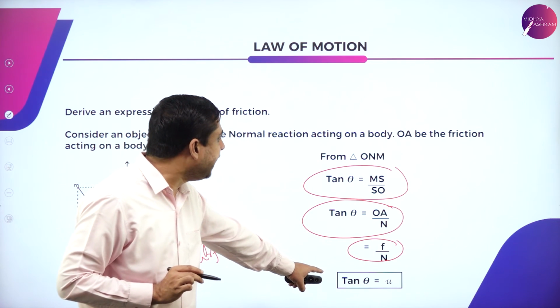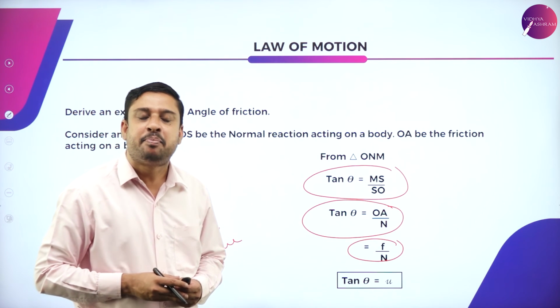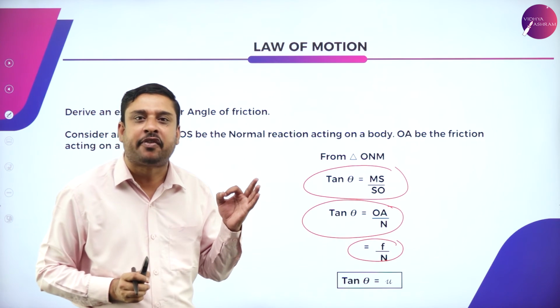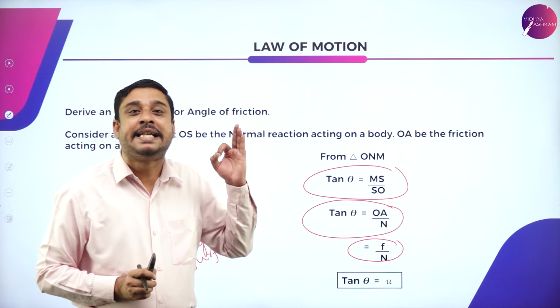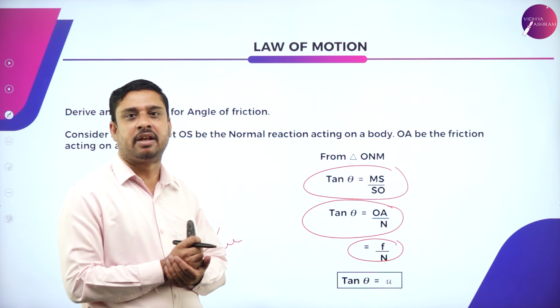So tan theta is always equal to mu. Please know this relation. The coefficient of friction is always equal to the tangent of the angle of friction.